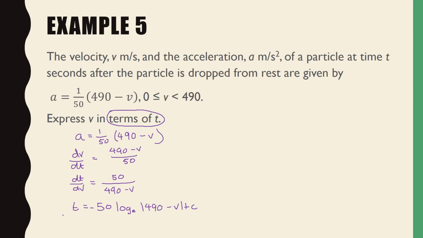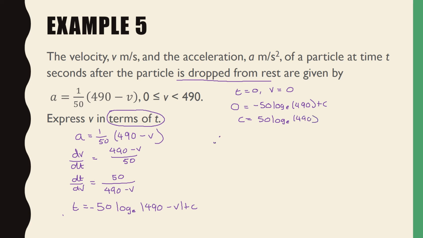So if we put in our initial condition, it tells us the particle is dropped from rest. So that means when t equals 0, v equals 0. So we will get 0 equals negative 50 log e of 490 plus c, or c equals 50 log e of 490.